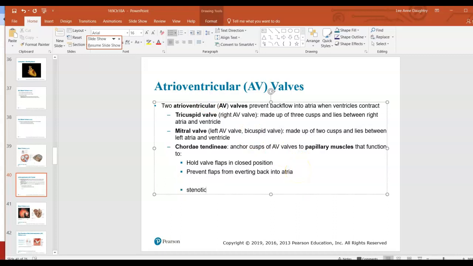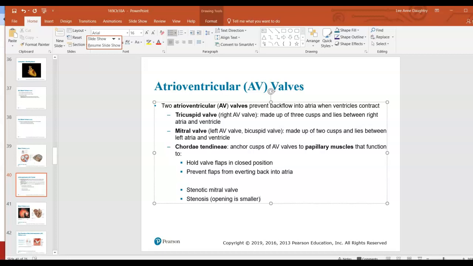A stenotic mitral valve. So what it does, it doesn't open wide enough. Stenosis in general, my husband has spinal stenosis, it just means that an opening is getting smaller over time or is smaller than what it's supposed to be.